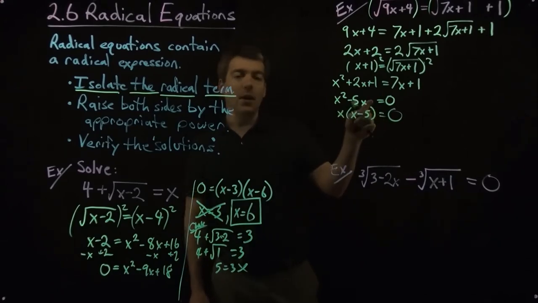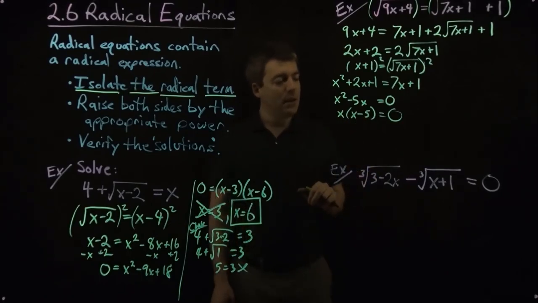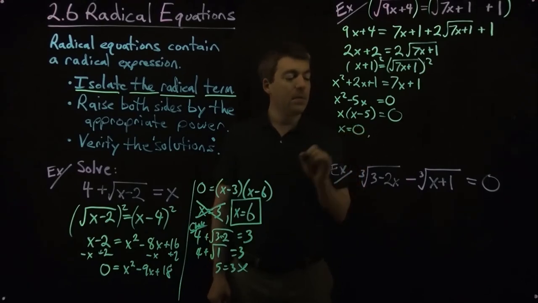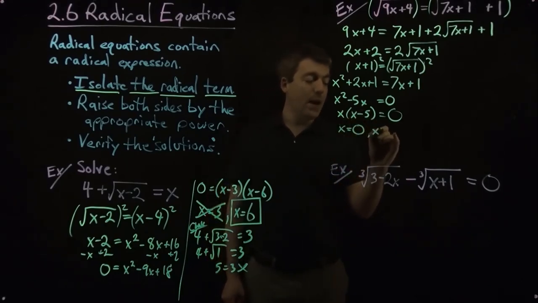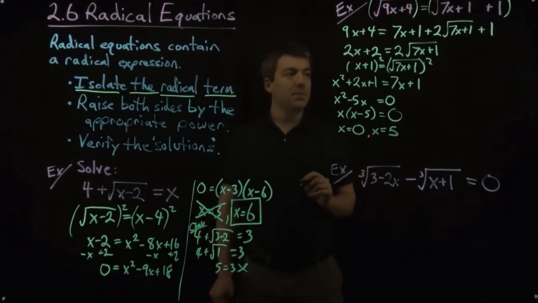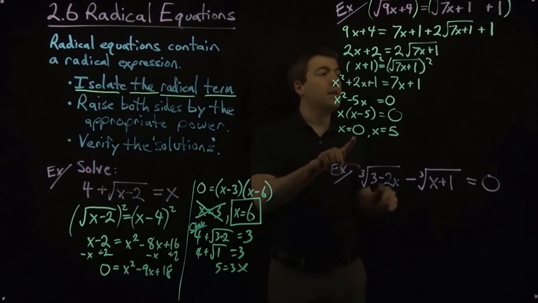Remember, if we don't have a constant term, we'll just need to factor out common factors, in this case just x. So x equals 0, and x equals 5 are our possible solutions. And then we need to plug these back into the original to check.